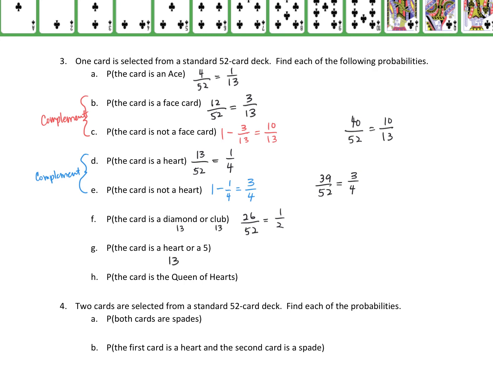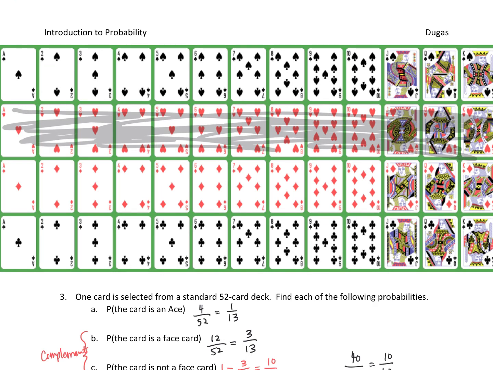Okay, or a 5. Let's go up and look at the 5s. So, or a 5 would be any of these. But do you see that the 5 of hearts is being counted twice? The 5 of hearts is a heart, and it's also a 5. So you have to be really careful here.